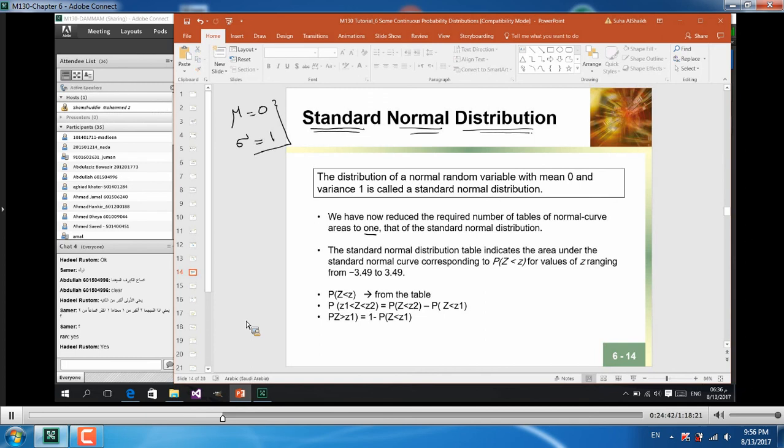The normal curve will be only one normal curve, with mu equal to 0 and sigma equal to 1. We will see later. Now, the standard normal distribution table indicates the area under the standard normal curve corresponding to the probability of Z less than z.